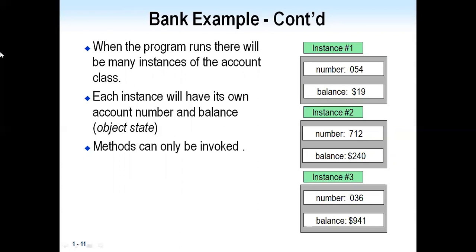The second instance, the second object, has its own attributes and behavior: number 712 and balance $224. Next, the third object has number 36 and balance 941. So the first object has its own properties, the second object has its own properties, and the third object has its own properties.